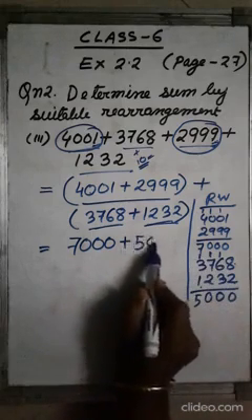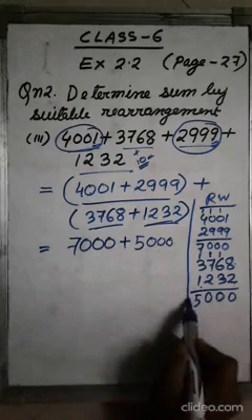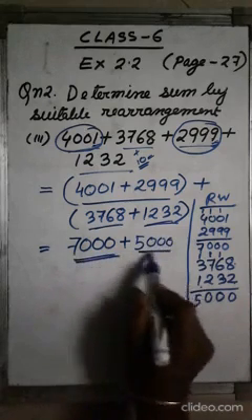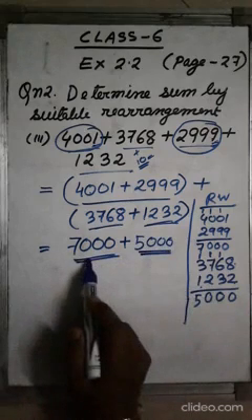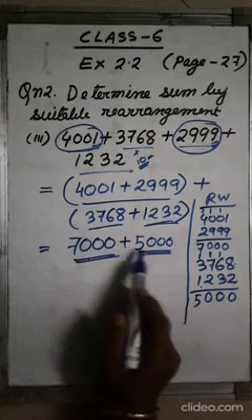So it is 5,000. So you can see that we have found two round numbers, 7,000 and 5,000.